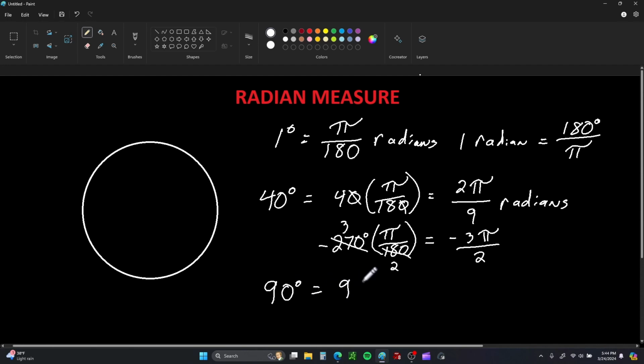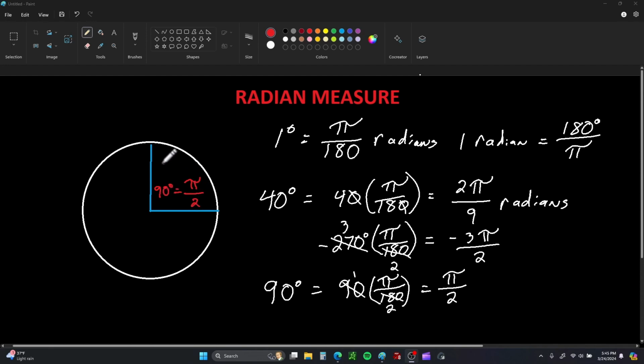We would have 90 times pi over 180. And then when we reduce, we'll get pi over 2. And in this last example, 90 degrees is pi over 2, so we would be talking about this area of the circle over here.